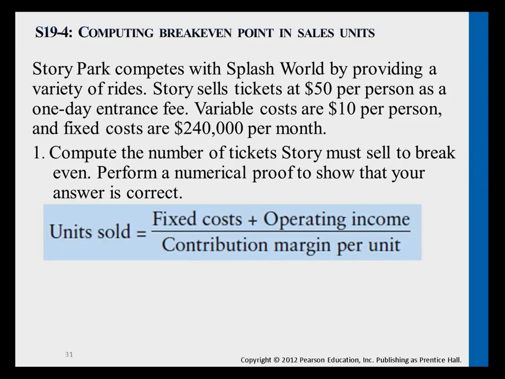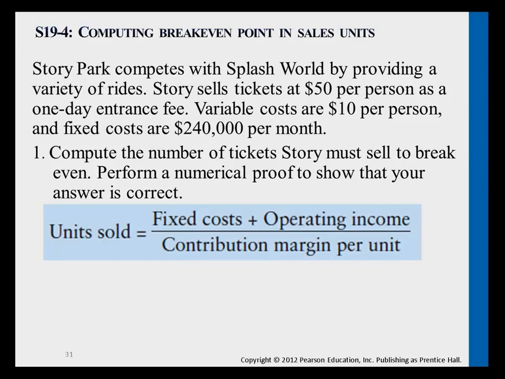I'm going to take my sales price and variable cost, and that's my contribution margin per unit. Note that this is per person, right? Sales tickets are 50 per person, and variable costs are 10 per person. So it's already per unit. So let's look. Anyone want to say what number it is? What is the units sold?